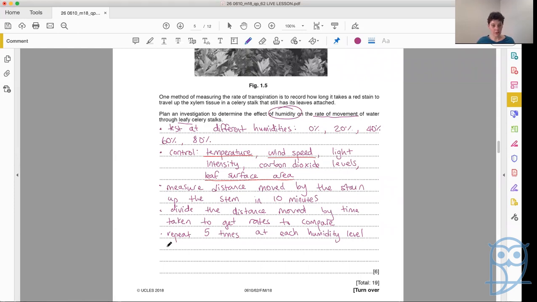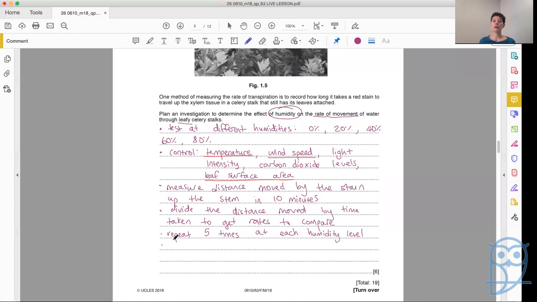And the last one, of course, what we always do when we are doing any experiment is that we give them a safety precaution. What are we working with in here that's going to be potentially dangerous? And then how are we going to deal with that? So working with humidity, it's not too bad, but the stain, of course, is still here.